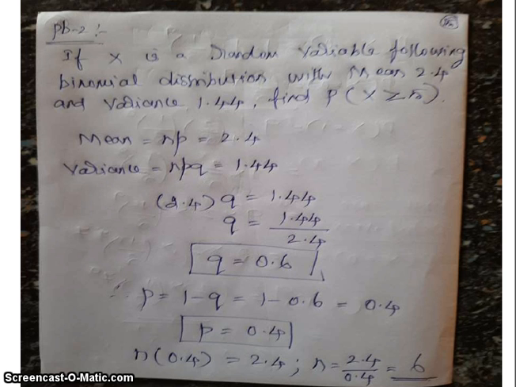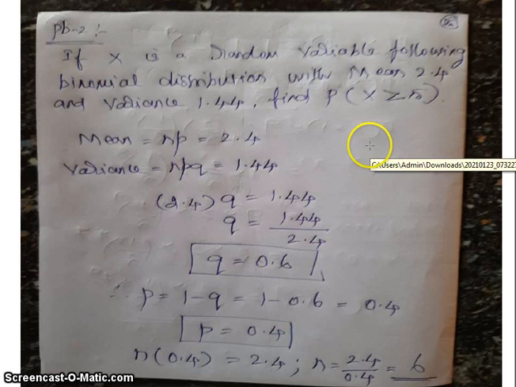Here the given problem is, if x is a random variable following binomial distribution with mean value 2.4 and variance 1.44, find P of x greater than or equal to 5.